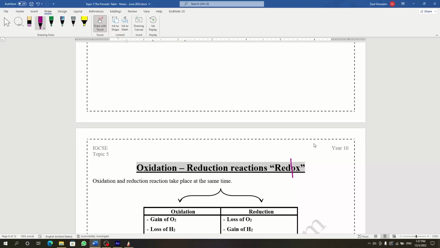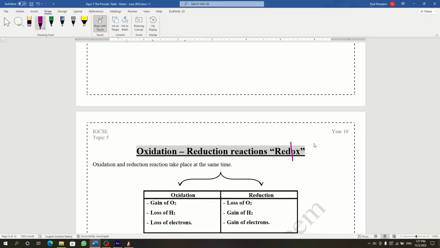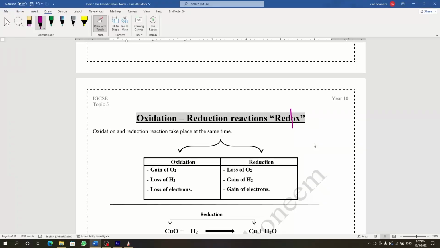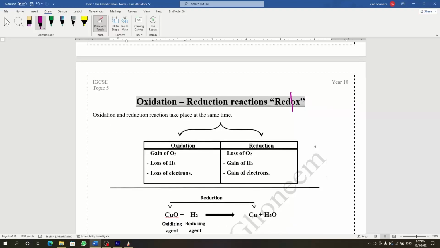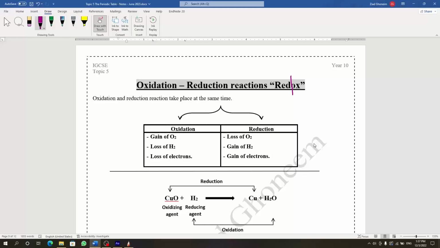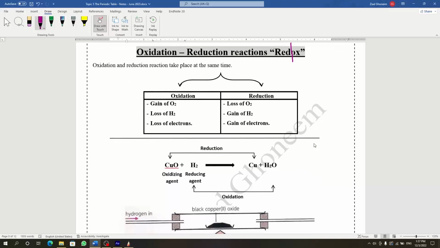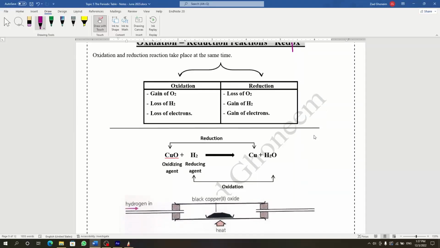Redox reactions can be defined in two ways: in terms of loss and gain of oxygen or hydrogen, and in terms of electrons, loss or gain of electrons. For core or year 9 students, they're supposed to learn about the oxygen and hydrogen terms only. Extended students are supposed to know about both the loss and gain of oxygen or hydrogen and the electrons.